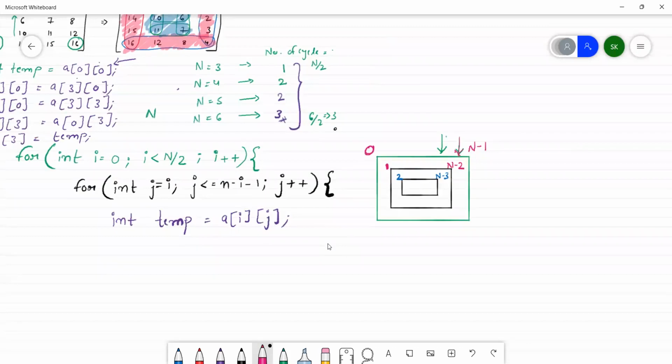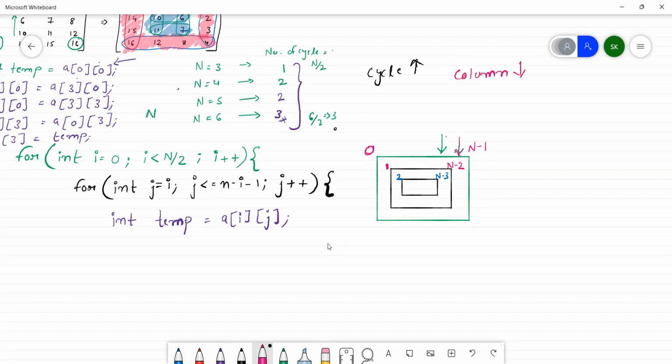And again, if you complete one more cycle, then again you are leaving one column behind. That is, one by one, it is decreasing, correct? So as your cycle is increasing, the column values are decreasing.